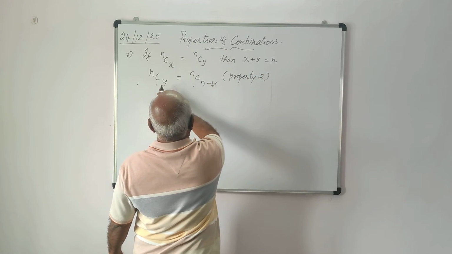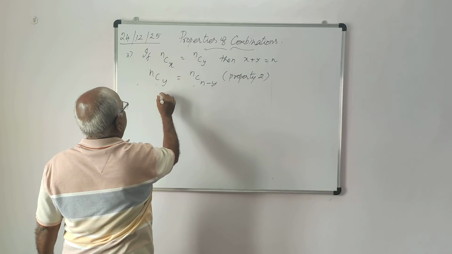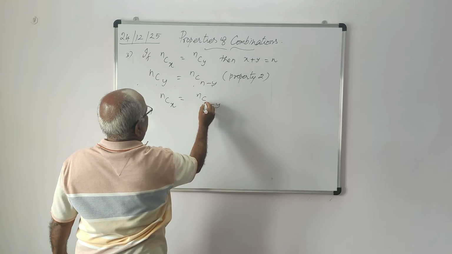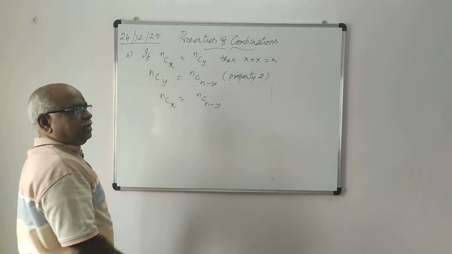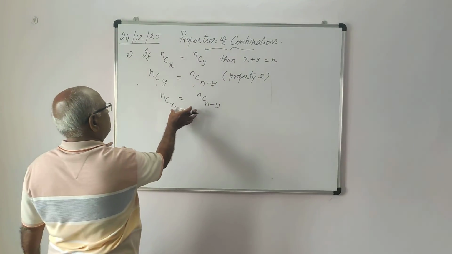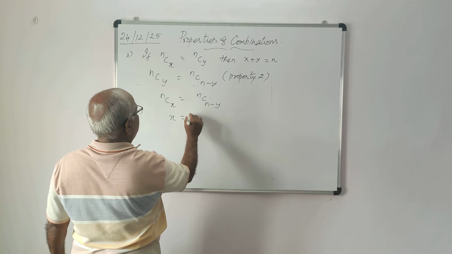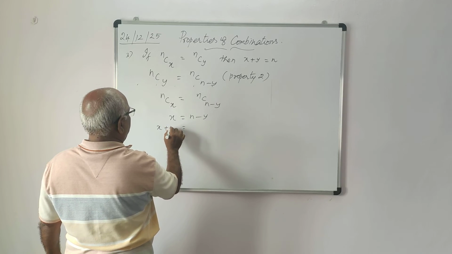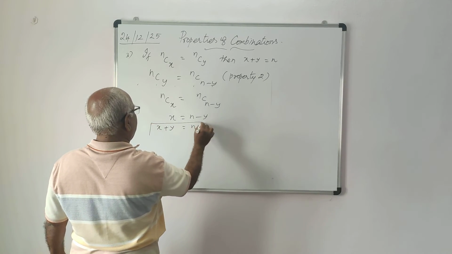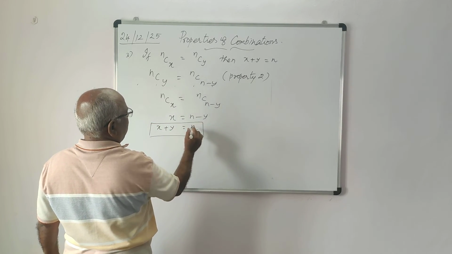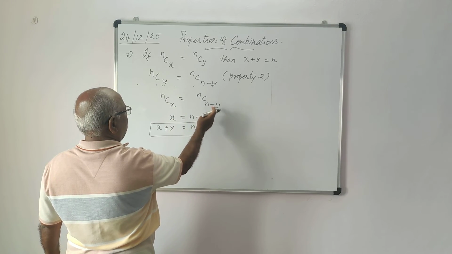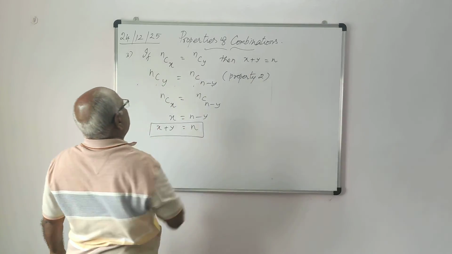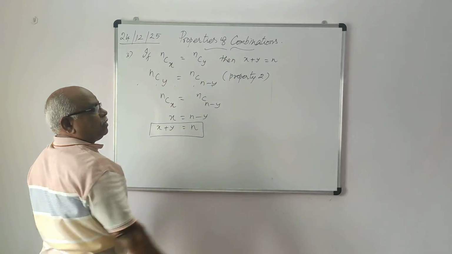Therefore, we can write nCx equal to nC(n minus y). These two are equal. Therefore, x equal to n minus y. You bring this y to the left-hand side, it becomes x plus y equal to n. This is the derivation. So if nCx equal to nCy, then x plus y equal to n.